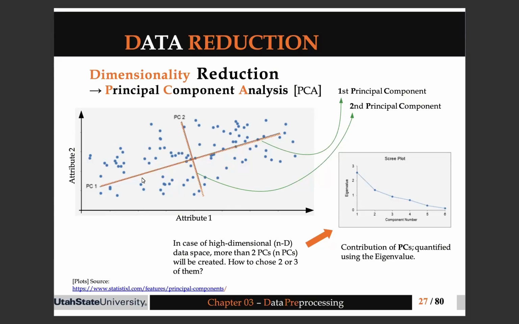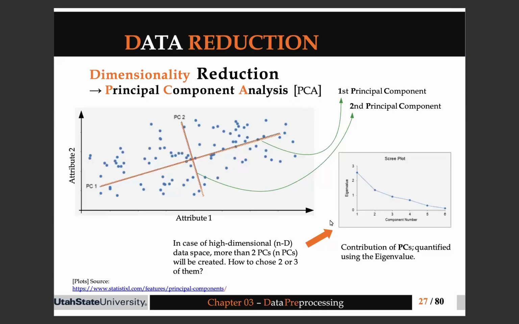As I mentioned, PC1 will always be the principal component with the highest variance: if you project your data on PC1, you will have the highest variance. The second one is by default the orthogonal vector to PC1, and it carries the remaining variance in the data.